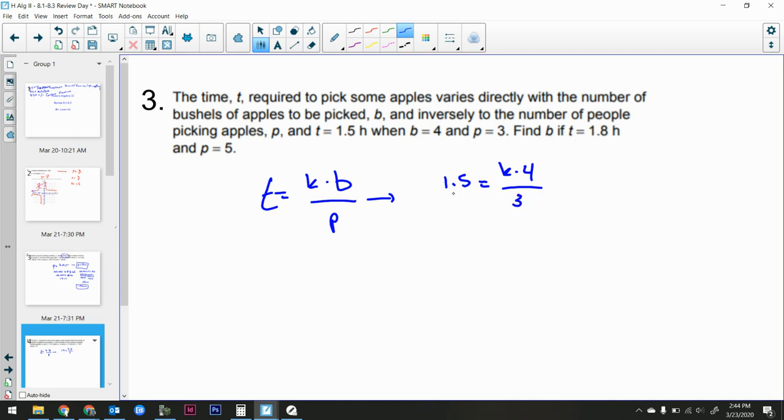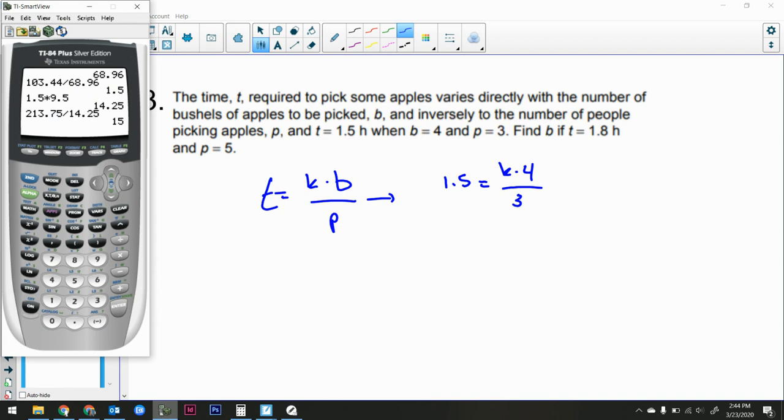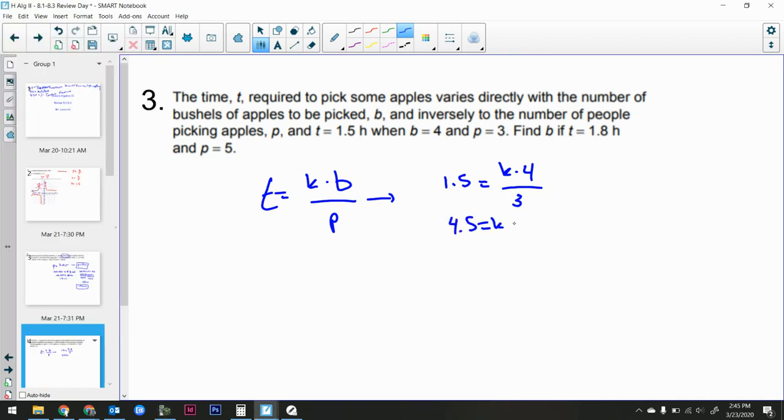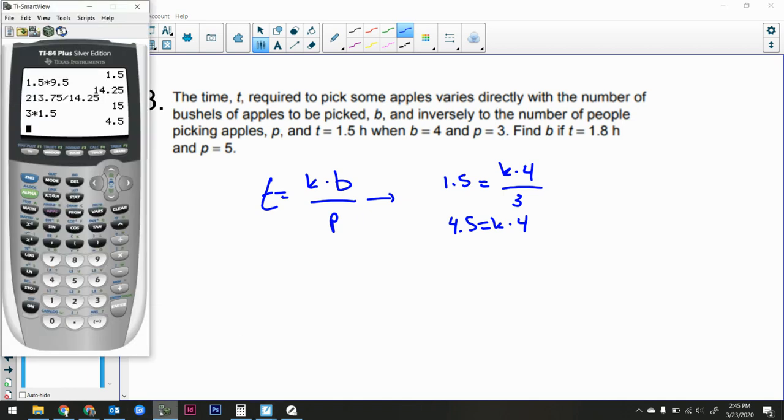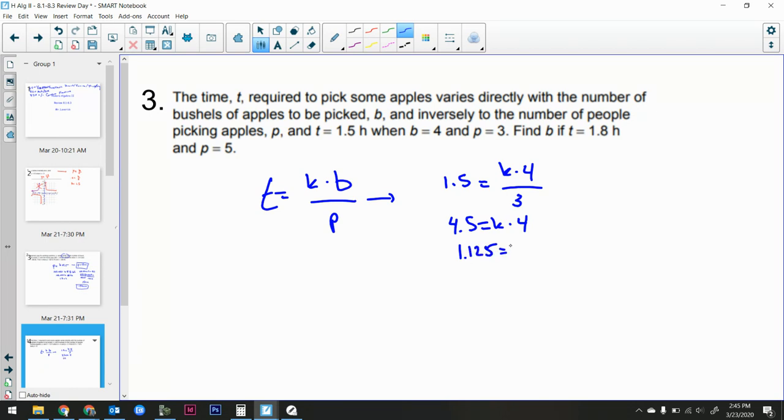Okay, so I'm going to multiply by 3 over to the other side first. 3 times 1.5 gives me 4.5. 4.5 is equal to K times 4. I divide by 4 over to the other side. Gives me 1.125, which is equal to my K. So that means this equation turns into T is equal to 1.125B over P. Now it says find B when T is 1.8 and P is 5. 1.125B.